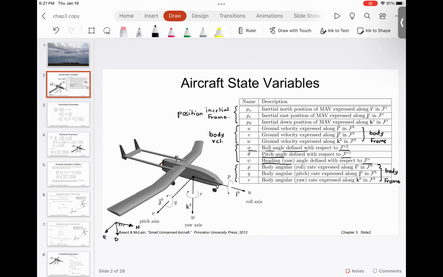Now, we are going to use all these 12 states to derive first kinematics equation of motion, and then we will gradually move on to the dynamic equations of motion.